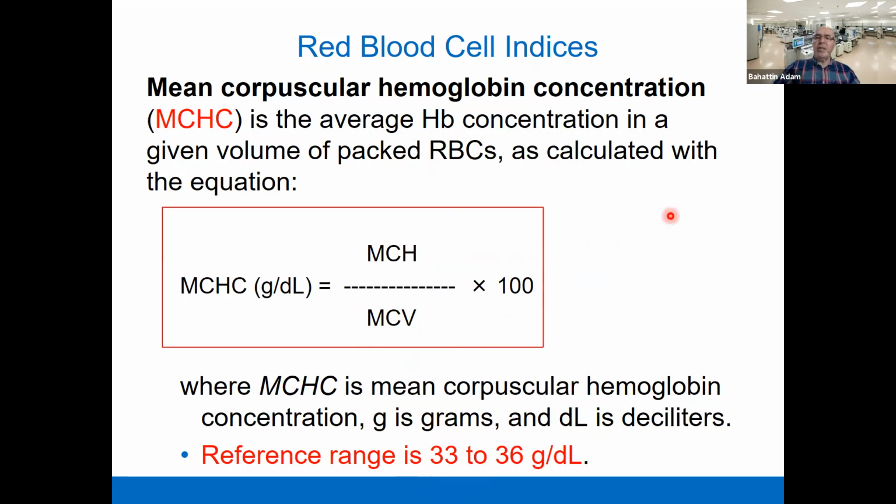We are fortunate that all these calculations are done by instruments automatically. However, as laboratory scientists, we have to know these equations. But I'm not going to ask you the equation, okay? No worry about that.